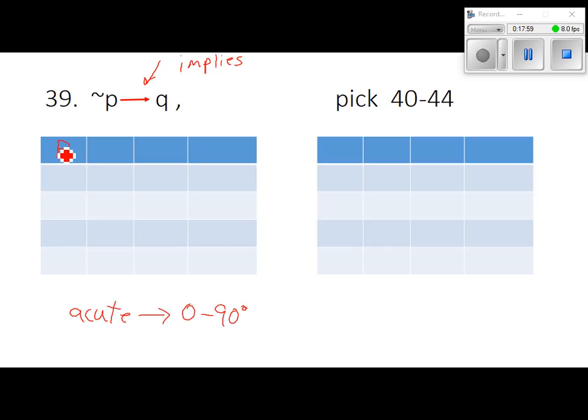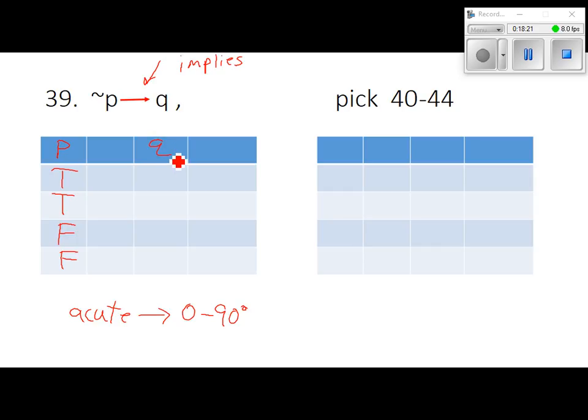P could be what? True. Remember on the first part of the box, we said you go what pattern? True, true, false, false. You could go opposites, true, false, true, false. I just like to keep it this way, so that every time we see one, we're doing them all the same way.